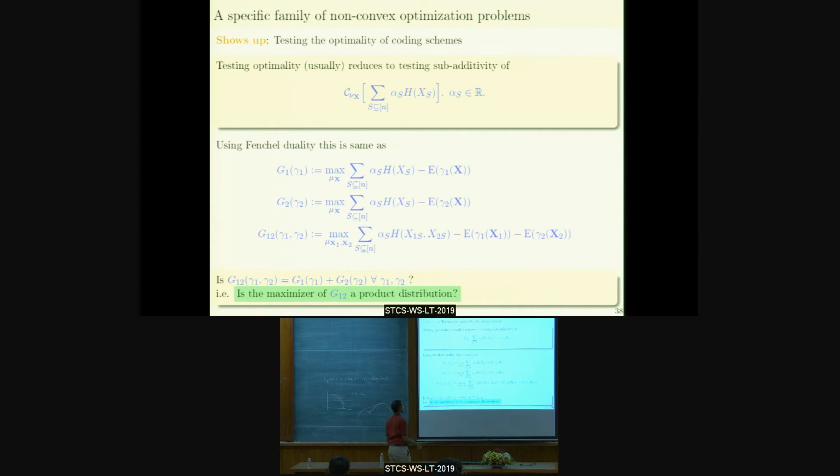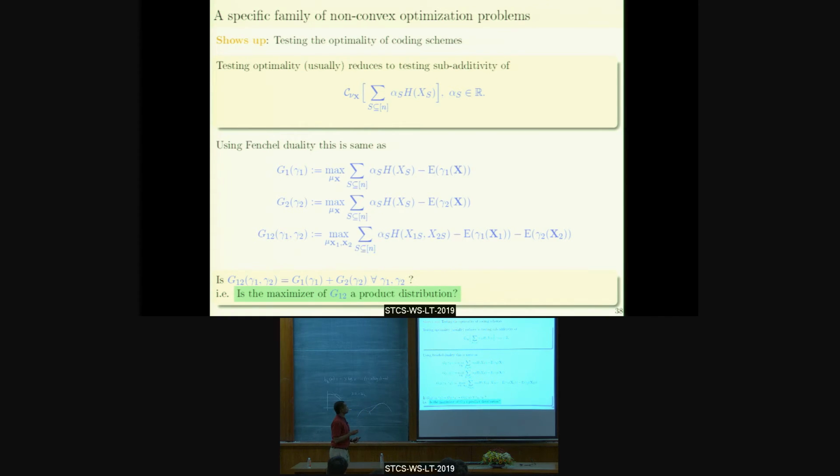Then you take g12 of gamma 1, gamma 2. So subadditivity of the concave envelope is exactly the same as asking, is this equality true? Or in particular, is the maximizer of this functional a product distribution?